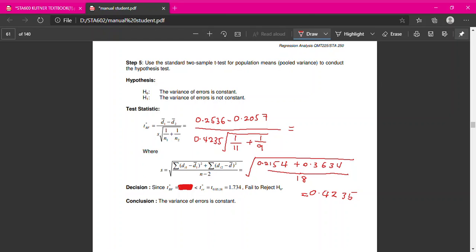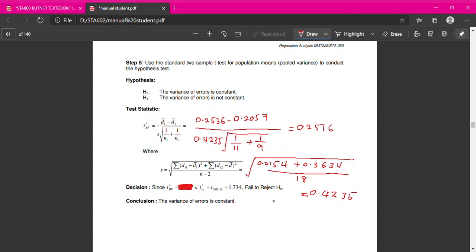So what we have here, okay, we got 0.2516. Okay, so we have the T Brown Forsythe is 0.2516.